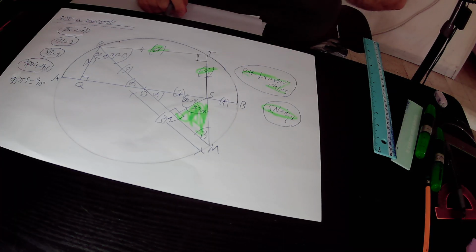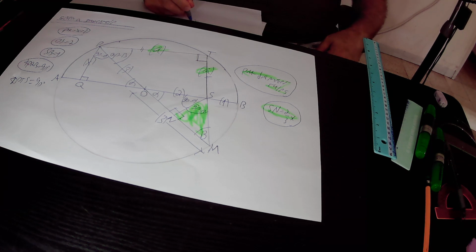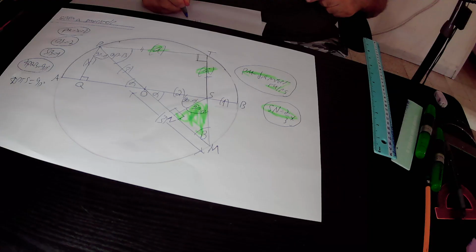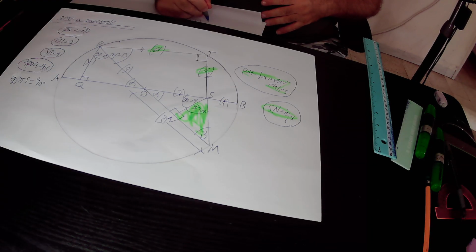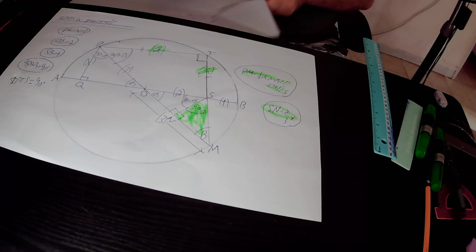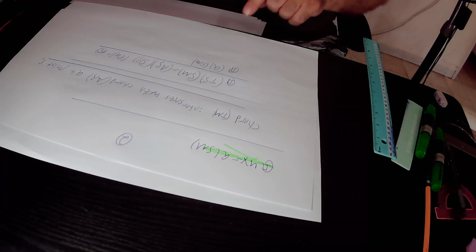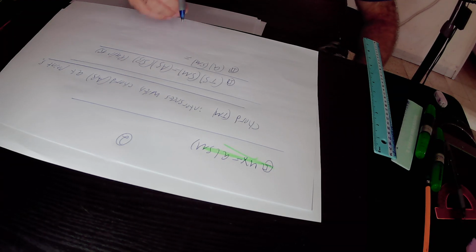TS equals a, SM is the missing side, so on this side of this equation 2 we have a times SM, and it equals AS.